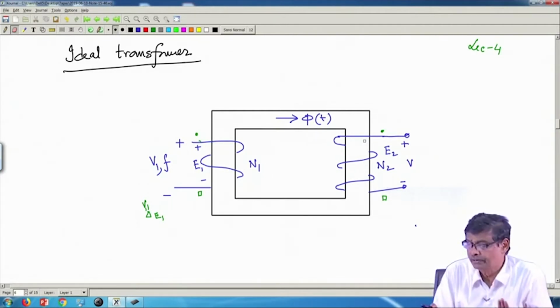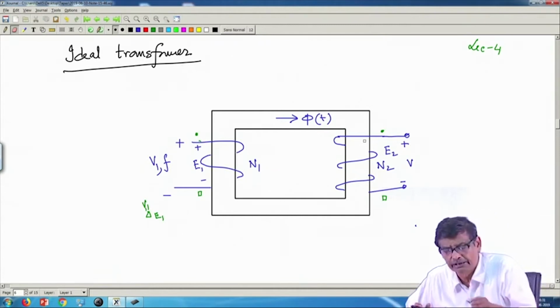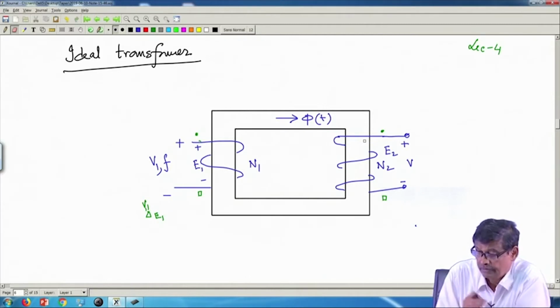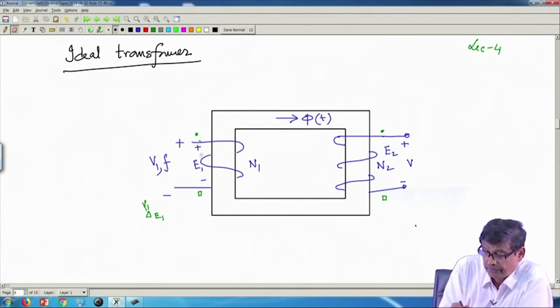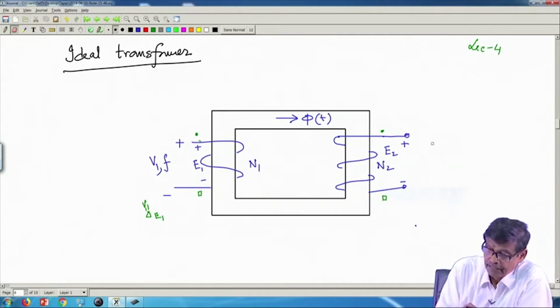Apply a given voltage at a frequency, the RMS value of the induced voltage and its polarity with respect to plus minus, all things are now drawn, the instantaneous polarity plus minus. Then the secondary instantaneous polarity is also this one, and V1 and E1 will be same, there is nothing in between.